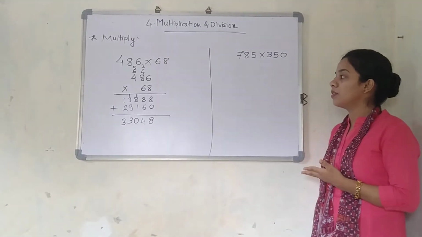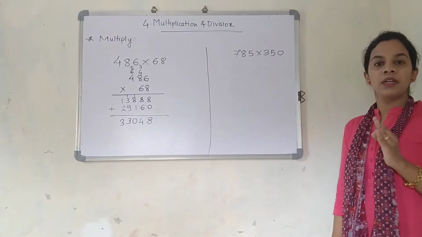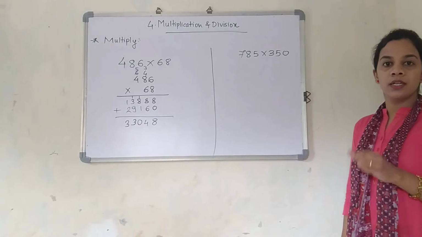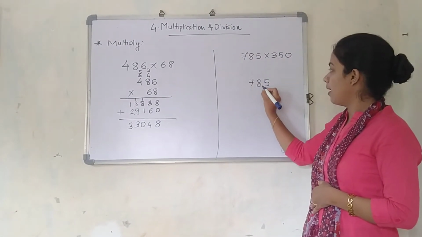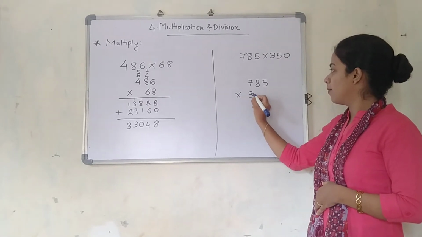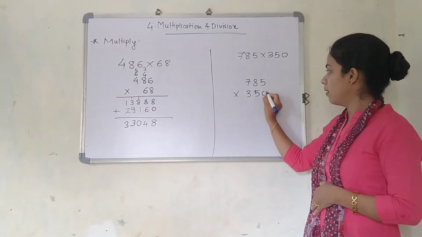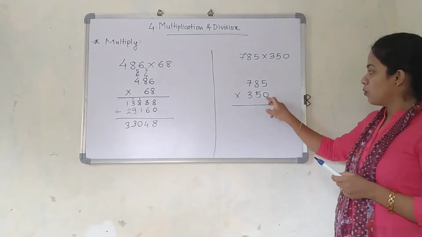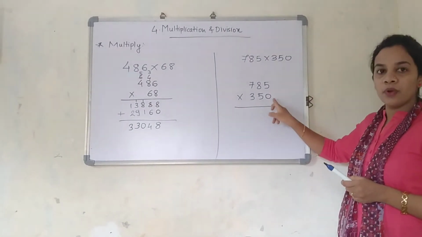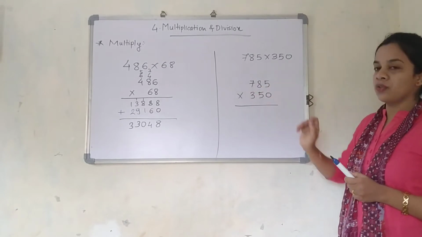So now we will focus on the part which is 3-digit multiplication into 3-digit. I am going to write it 785 into 350. Before that, what we are supposed to do? We are supposed to take this unit place and multiply with all the remaining digits.